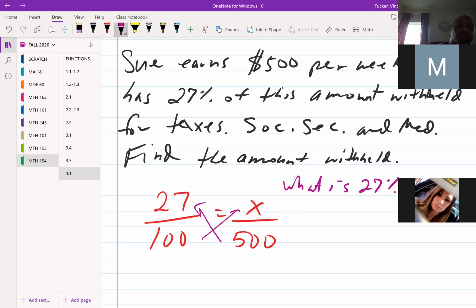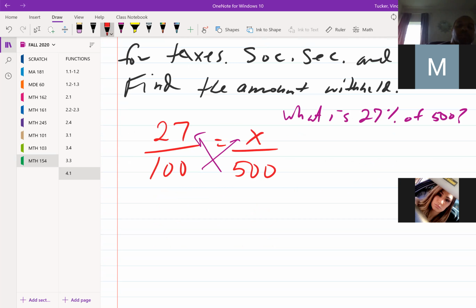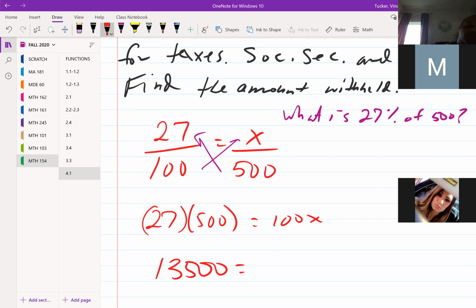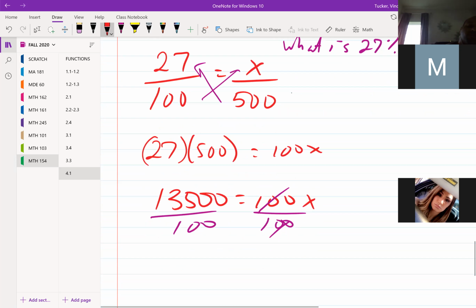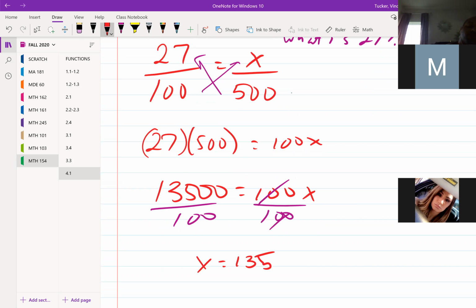Just up to you, which way you want to roll. All right. And divide by 100. $135.